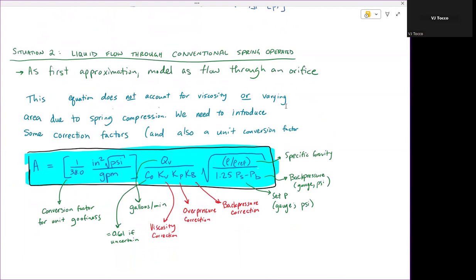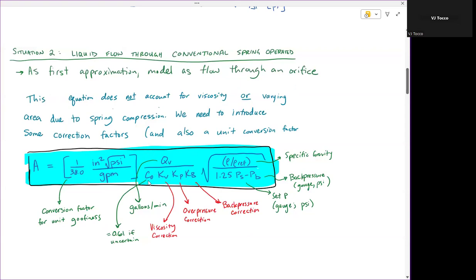So the area is the cross-sectional area. But you can imagine, depending on how open or closed that gasket is, you could have more relief area due to the spring compression. So there's all these correction factors that get introduced as a result of this.